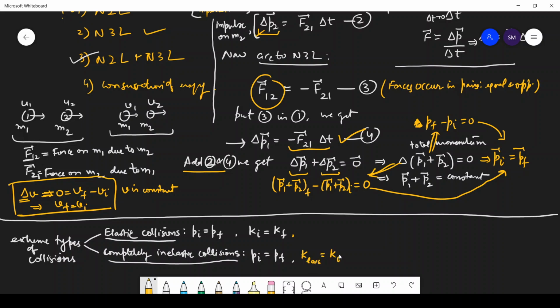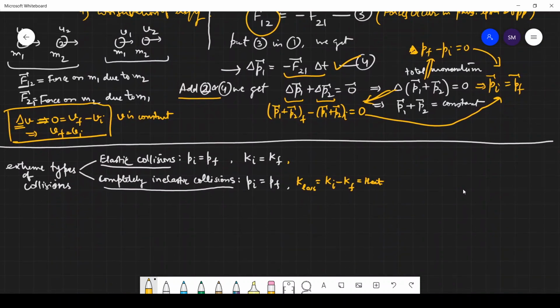Initially it was greater and the final kinetic energy of the system is lesser, and that loss may be equal to the heat energy produced. So energy is transformed from one form to another. These are the concepts.